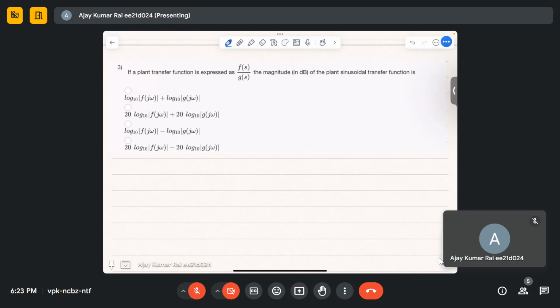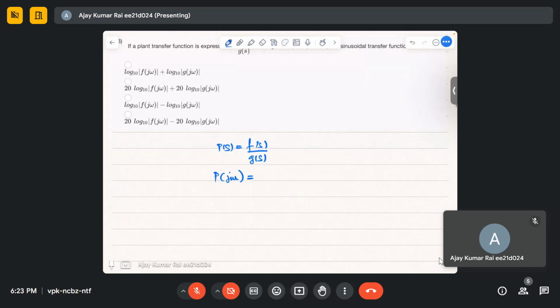See the next question. If the plant transfer function is expressed as this, the magnitude of the plant sinusoidal transfer function is, so let's call this P of S equal to G of S. And how to find a sinusoidal transfer function? This is how we find it, G of j omega.